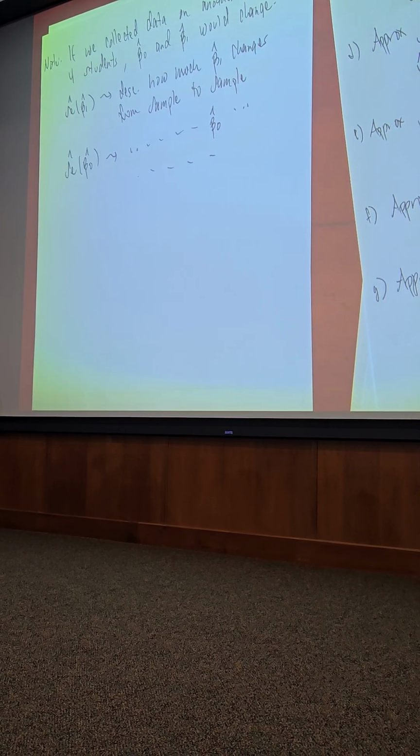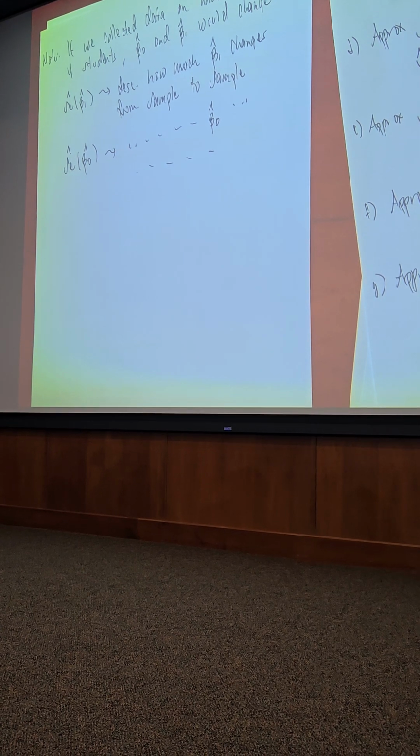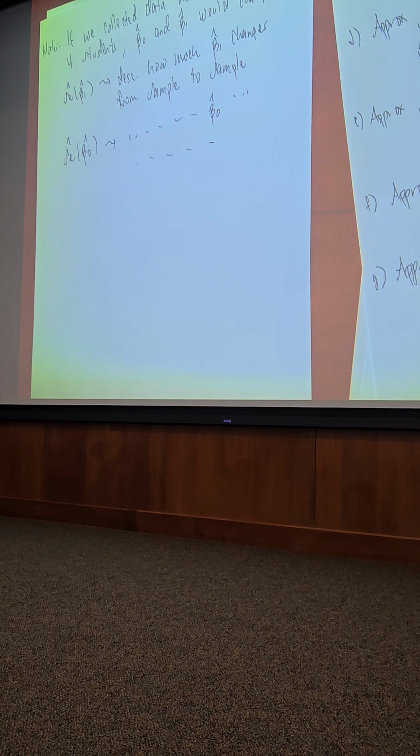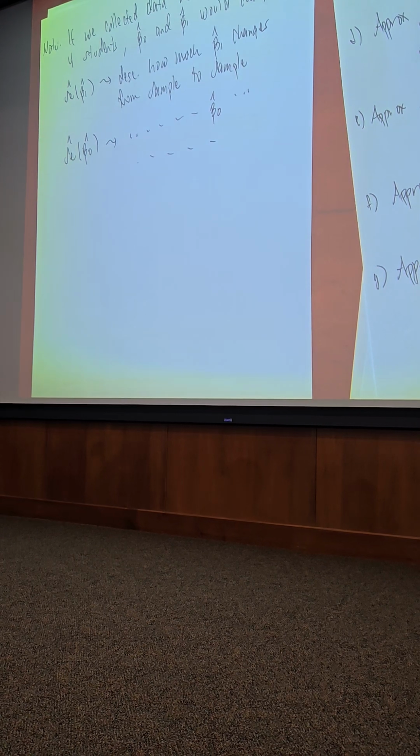If the estimated standard error of beta 1 hat is small, what does that say? From sample to sample, do those slopes change very much? Very little.